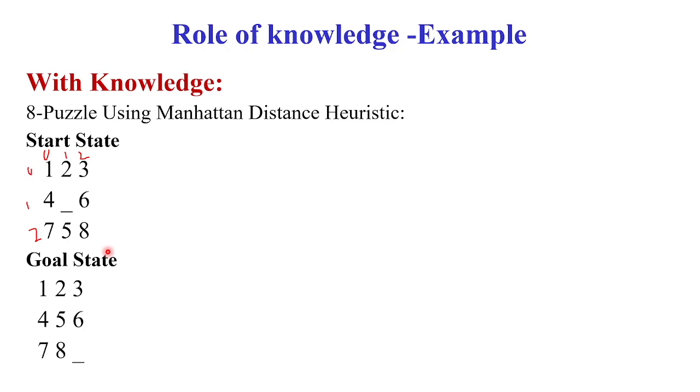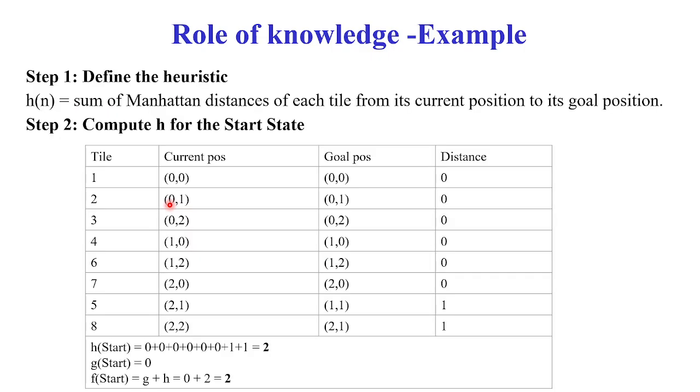Now A star, because it's with heuristics, with knowledge, needs to find this out systematically. Now we'll see how to do it. The first step is that we will talk about two parts: defining the heuristic and then doing the computational table.